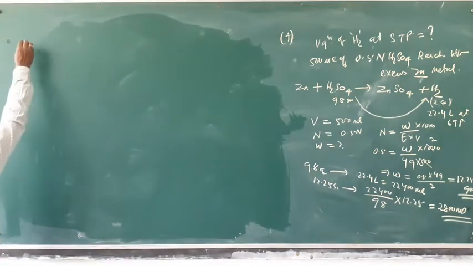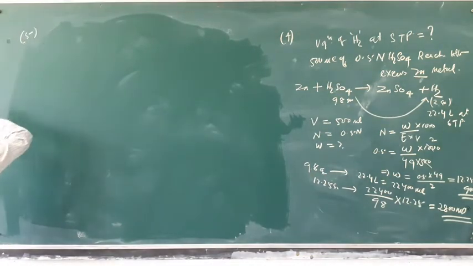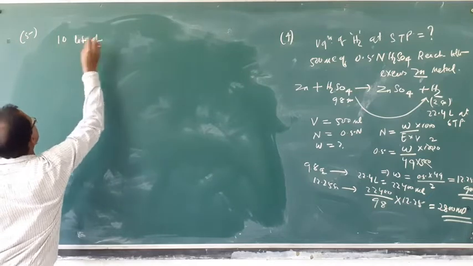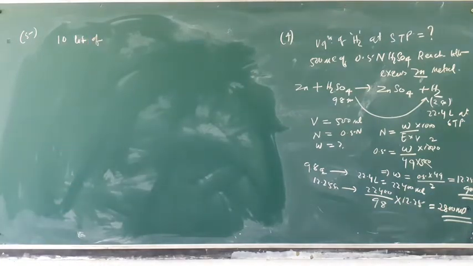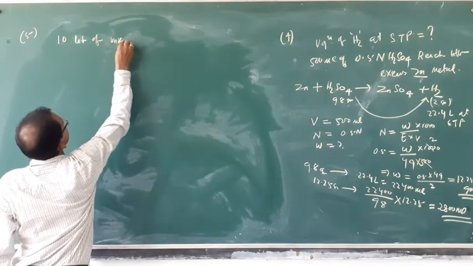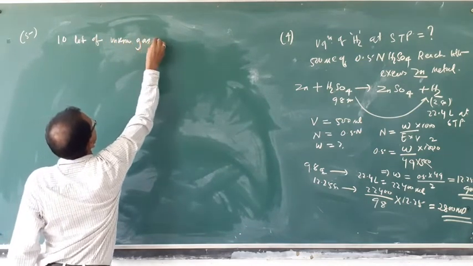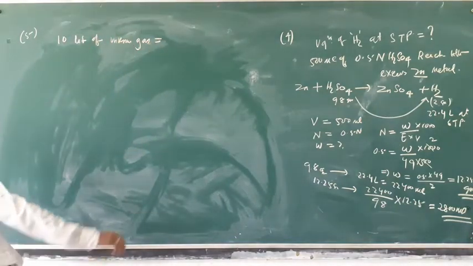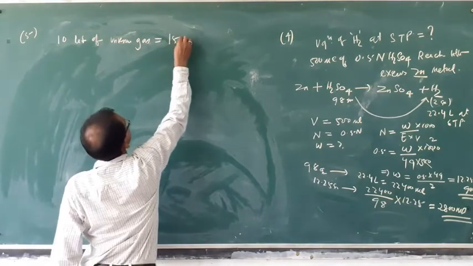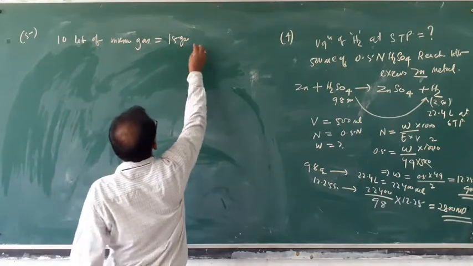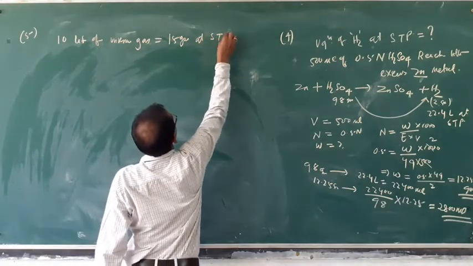Question number 5. Question number 5 is like this. 10 liter of unknown gas equals 15 gram at STP.